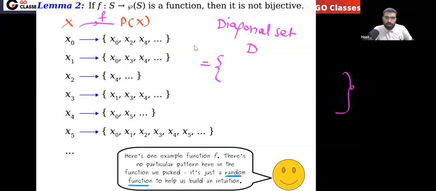No, I will not put X0. See, here you have X0. You can see X0 belongs to Fx0.